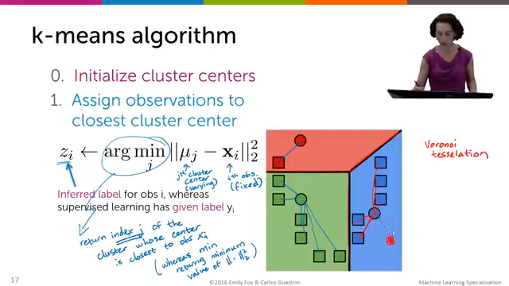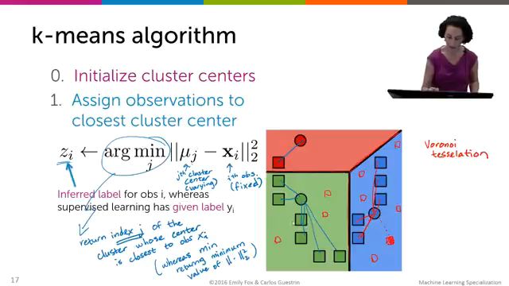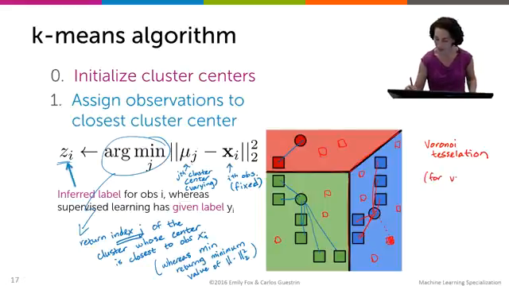So this is the region in which any observation here will get assigned to this blue cluster. And any observation here will get assigned to the green cluster. And finally, any observation here will get assigned to the red cluster. But I want to emphasize this is for visualization only. You don't need to compute this to do k-means.